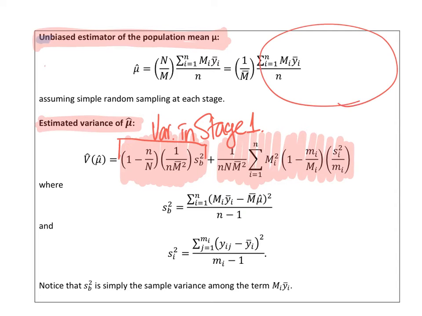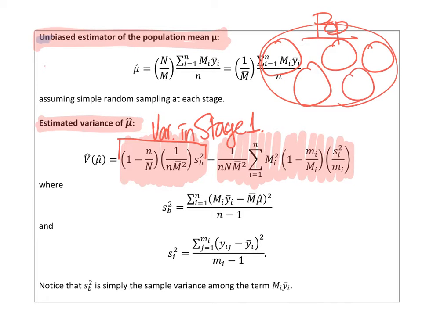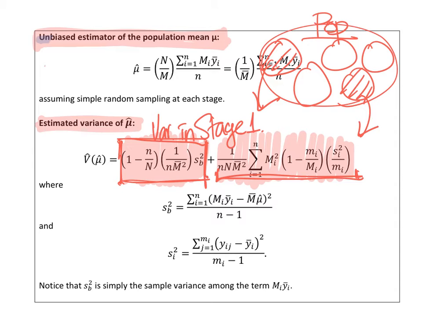So from the population, when we take the clusters, it's a sum of them. Yep, this much. We have the variation. And the second one, it is another additional variation. It is an additional variance in stage number 2.